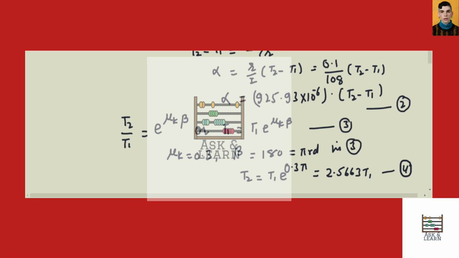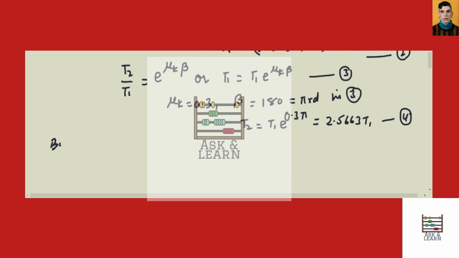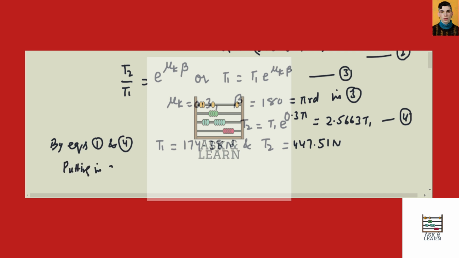Substituting this value in 1, by solving equations 1 and 4, we can find T1 and T2. T1 is 174.38 Newton and T2 is 447.51 Newton. Putting in equation 2, you will get angular retardation alpha.